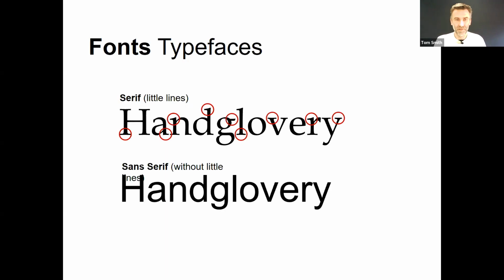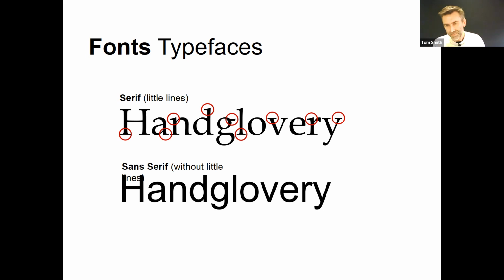Okay, so fonts, or for any designers out there, typefaces. In short, fonts come into two different categories: serif and sans serif. Serif has all the little lines, all the little extra details, and sans serif, my apologies, I think it's cut off on the screen share, is without the little lines.